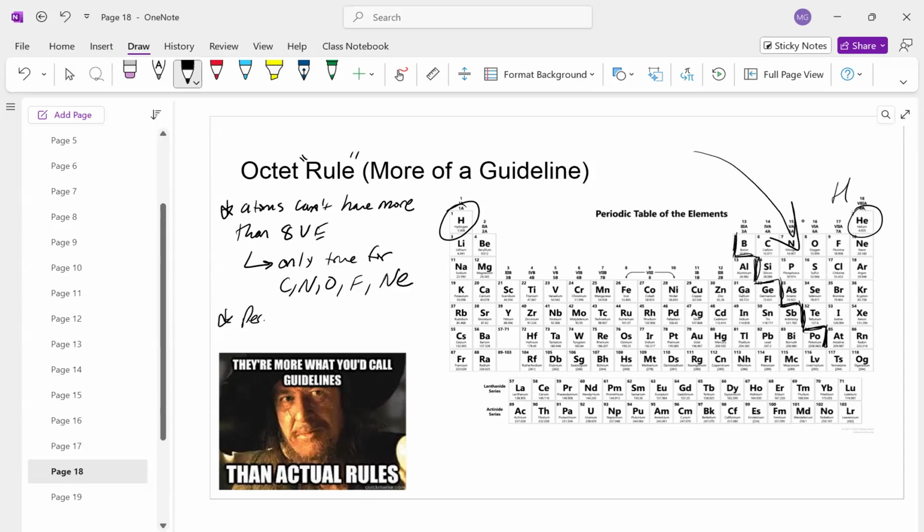Period 3 elements, or I should say period 3 and below, can have more than 8 if it helps minimize the formal charge.